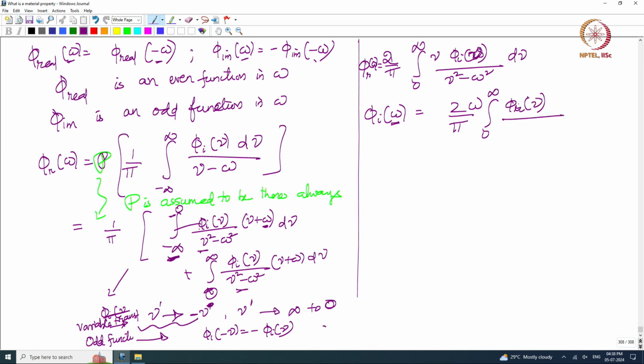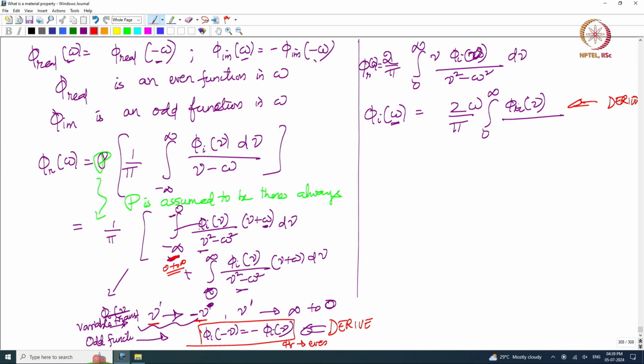You have to derive this yourself, it is an easy derivation, so prove it to yourself. Even this you can derive using these facts. So nu dash goes to minus nu and so this integral limit changes from 0 to infinity. That is the second change, and you know the fact that phi I is an odd function and phi r is an even function.